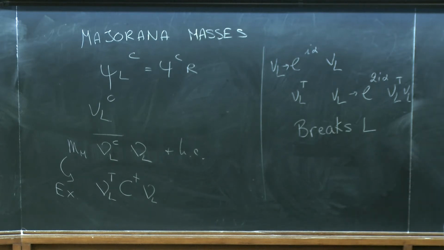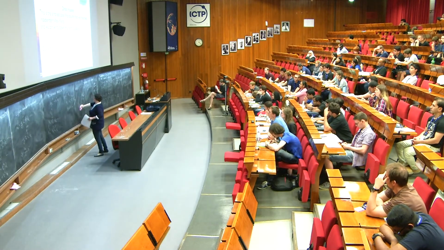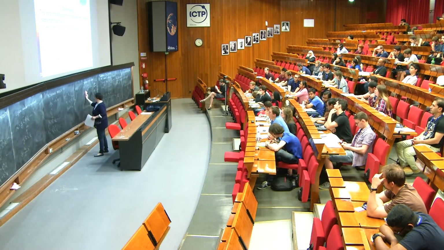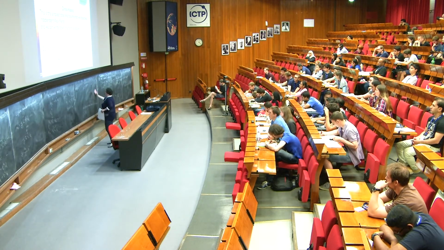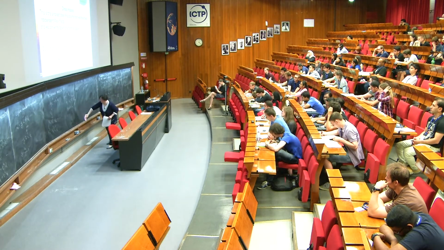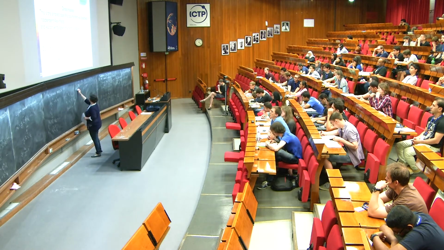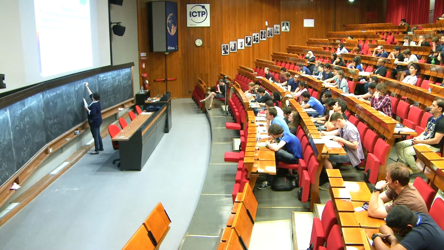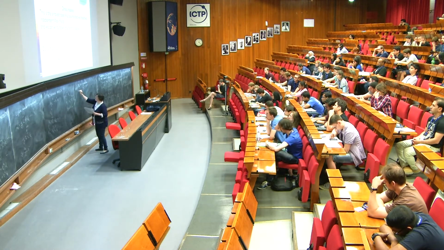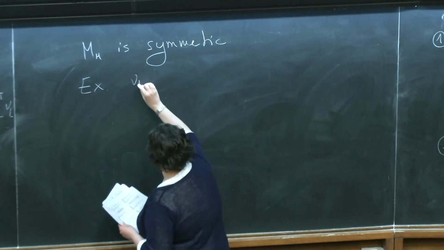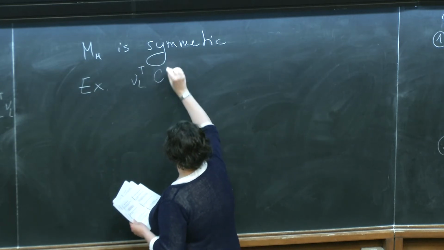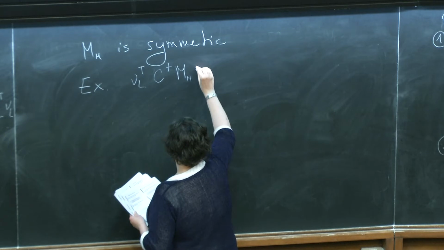Now, how do I diagonalize a Majorana mass matrix? Because this is what will then give me mixing. But first of all, we have to show that a Majorana mass matrix is symmetric. So M Majorana is symmetric. It's also in the notes. But let's look at new left T, C dagger, M Majorana, new left.